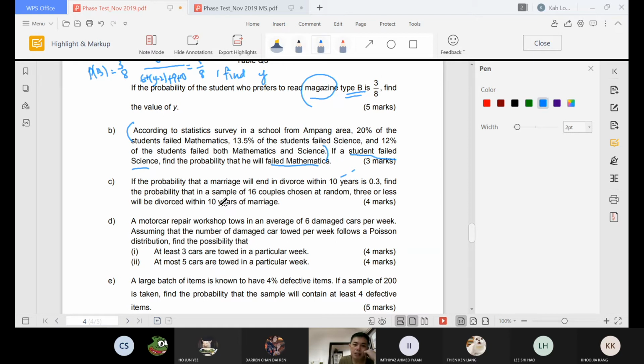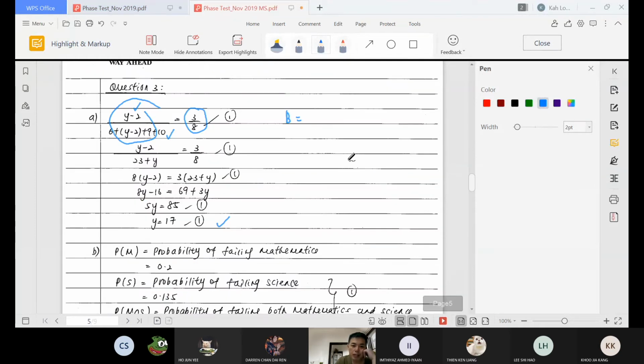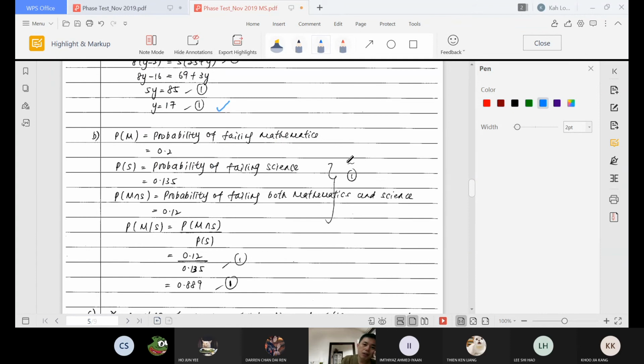Okay, P(M|E) and P(E|M). You still remember this, right? So right now it is a student fails science and a student fails maths. Let's say we look at this. Failing maths, 20%, 0.2. Failing science, 13.5%, 0.135. Fail for both, 12%.